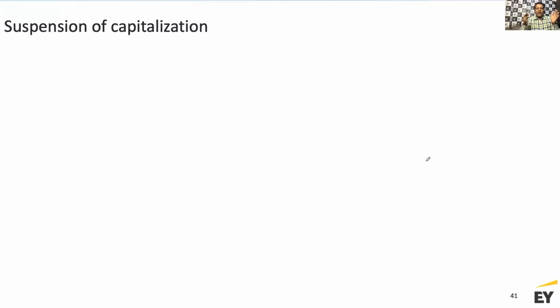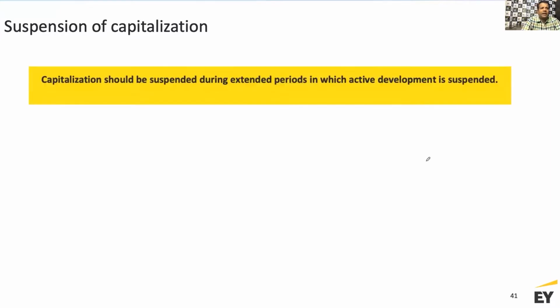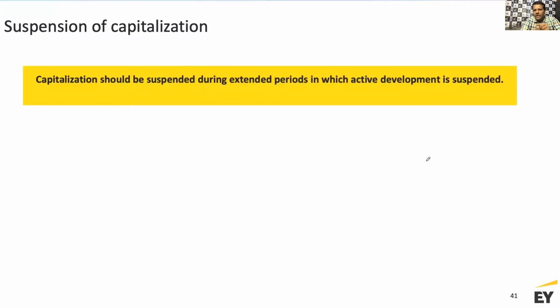Assuming you will continue with the project, however there is a temporary disturbance, that is where the whole judgment comes into play: is this temporary disturbance something which is normal or something which is abnormal in nature? The moment you say it is abnormal in nature, that is where you stop capitalization for that intermediate period, and we'll look at it with the help of a few examples.